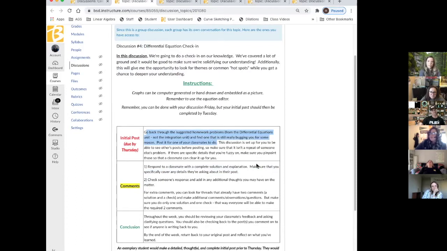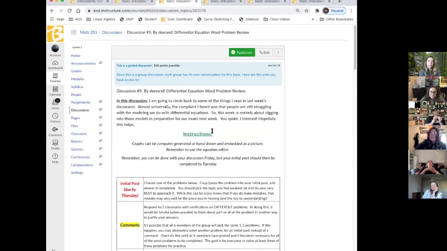And the reason I wanted to show you this is because it was easier for me to write. I had it easier to write because the next week I completely developed a discussion based on the biggest problem that they said they had. So discussion 4, I not only gave them something to talk about, and a way to review and think and all those other things, I used that data to develop week 5 because they said word problems.